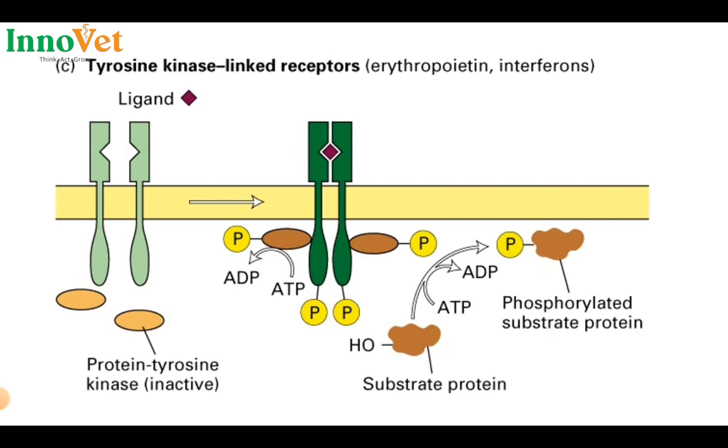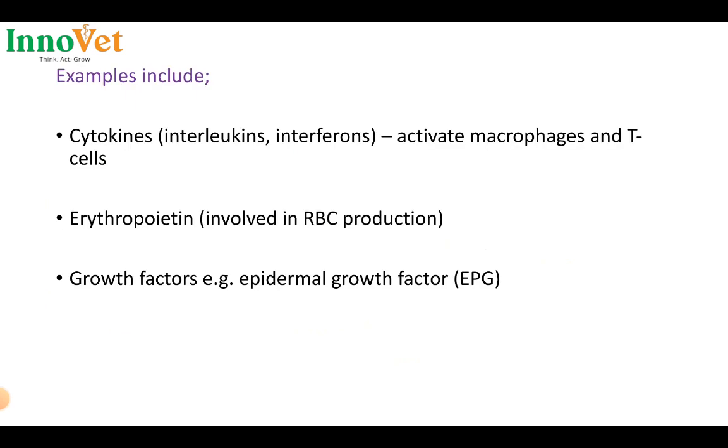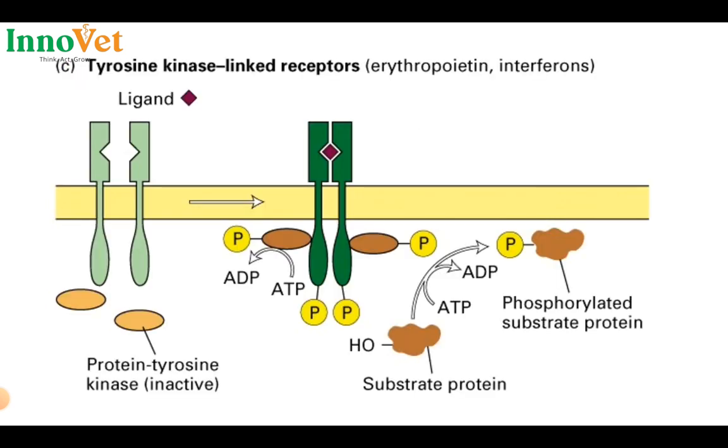So we can see here an illustration. When the ligand binds to the receptor that is linked to tyrosine kinase, the tyrosine kinase will be activated and it will transfer a phosphate group from ATP to the cellular kinases.